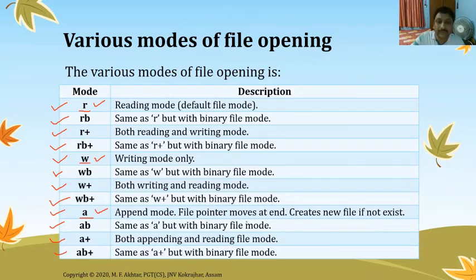It also moves the file pointer to the end, meaning the existing data will be retained and then we can add new data in the file. That's why it moves to the end. For other file modes, the file pointer will be at the beginning of the file.